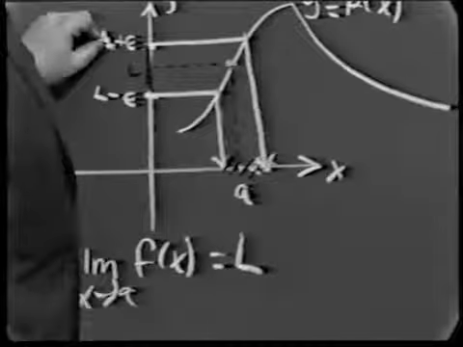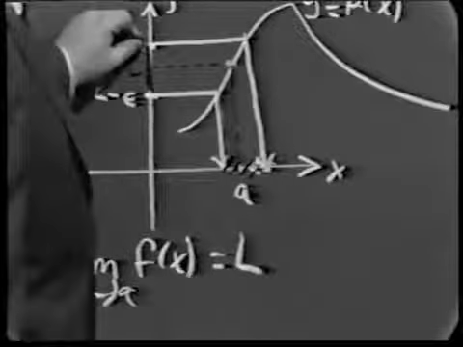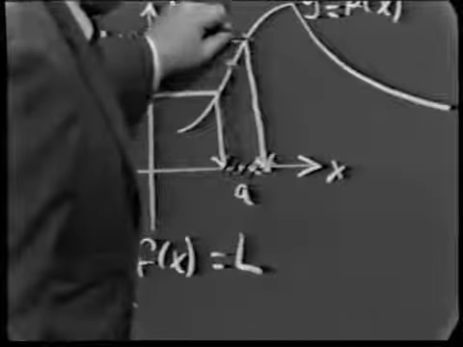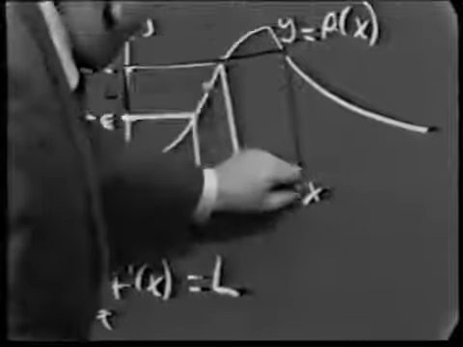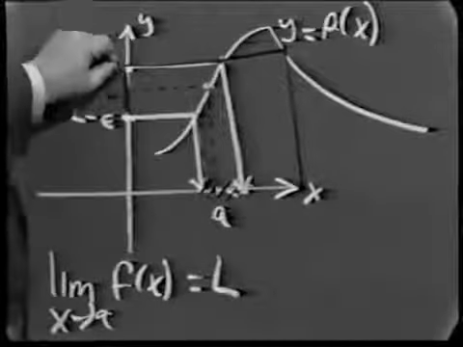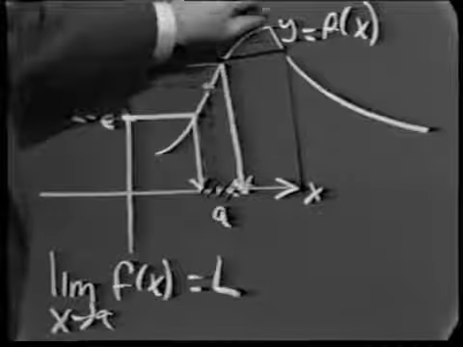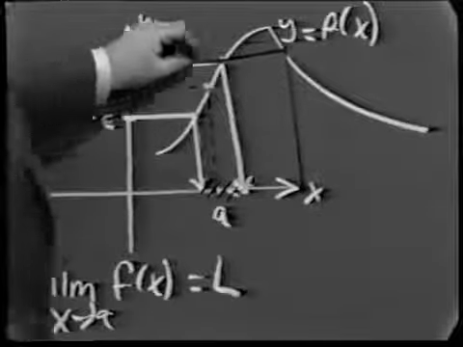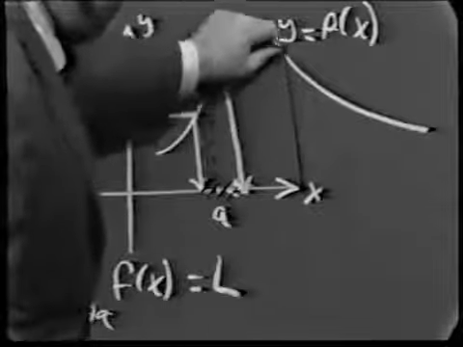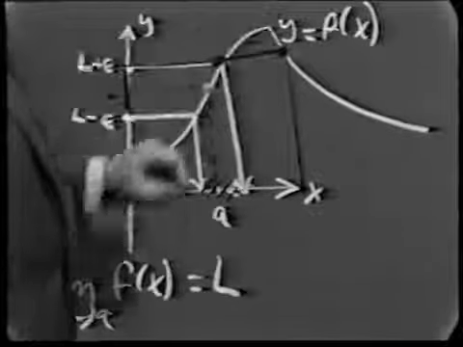Notice then, when you try to project over to the curve from L plus epsilon, you don't know whether to stop at this point or at this point. There is another point down here which has the same L plus epsilon value. Whenever our function is not one-to-one, there is going to be a problem when we work analytically of being able to solve algebraic equations and trying to distinguish this point of intersection from this point.